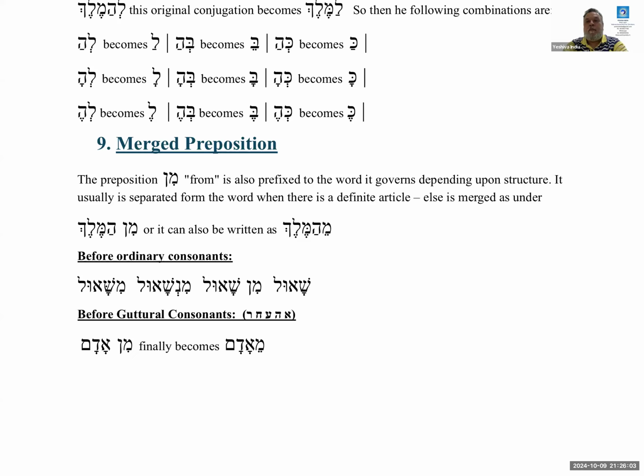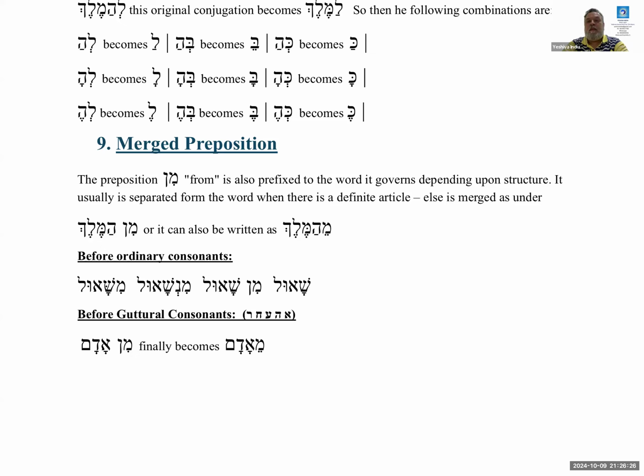Min ham melech becomes me ham melech. When it is used before ordinary consonants, which are not gutturals and which are not quiescent, then it loses the nun.